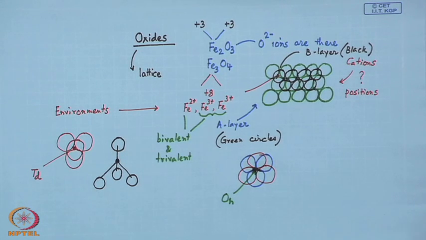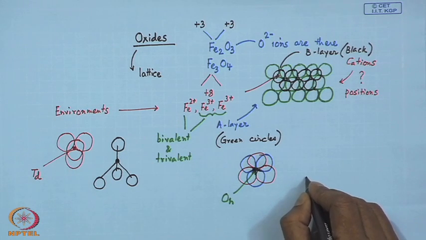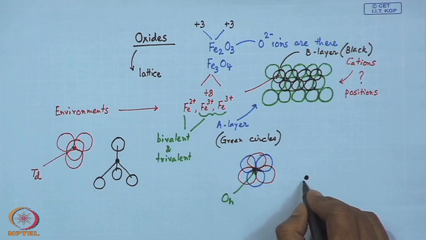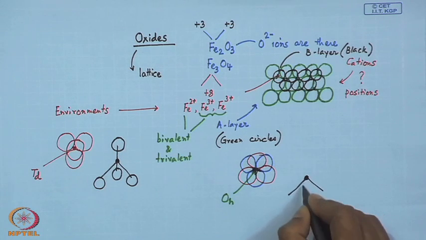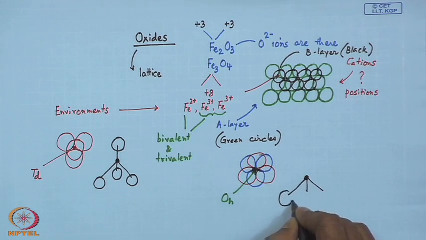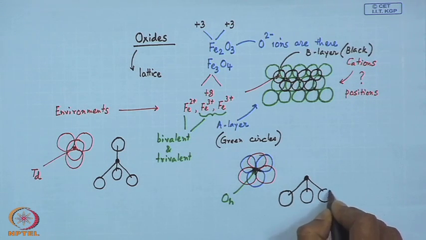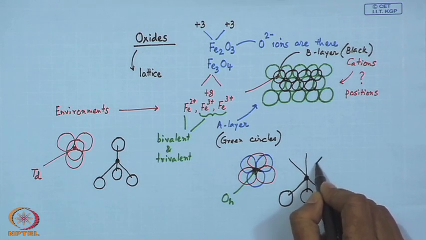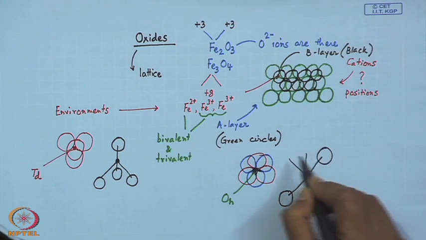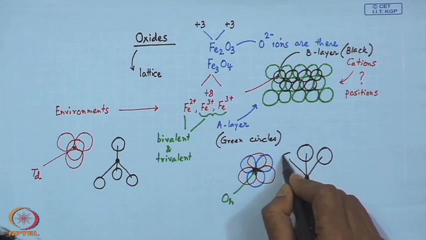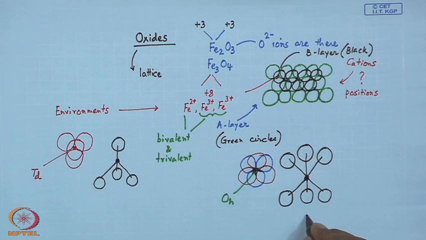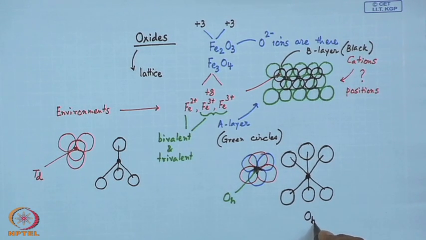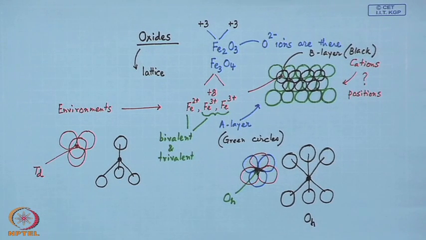So, this can be our octahedral hole, because in a similar fashion the central cavity can have 3 spheres from the first layer, that means the A layer, and 3 more from the second layer, that means the B layer. So, we will have the corresponding arrangement as the octahedral arrangement.